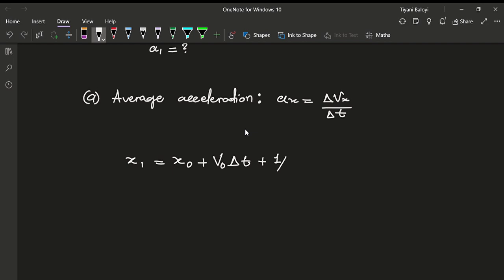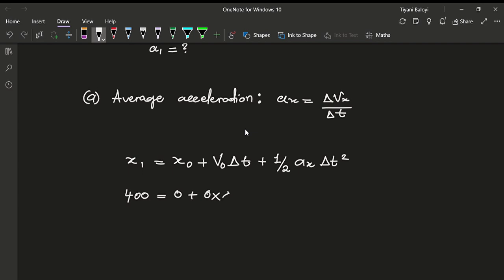So we have our ax, this is our average, and then we have the change in t. We know this is 400. The one at x0 is just 0, so this will multiply 0.6.